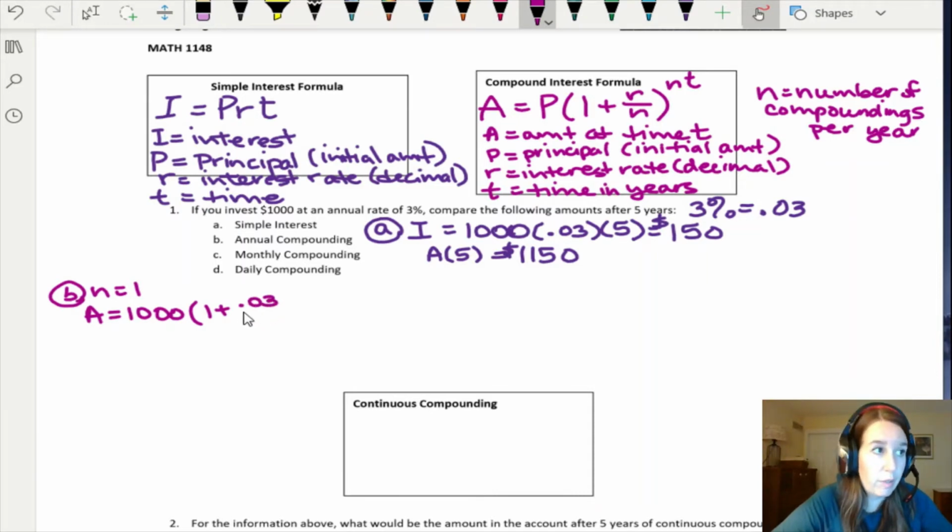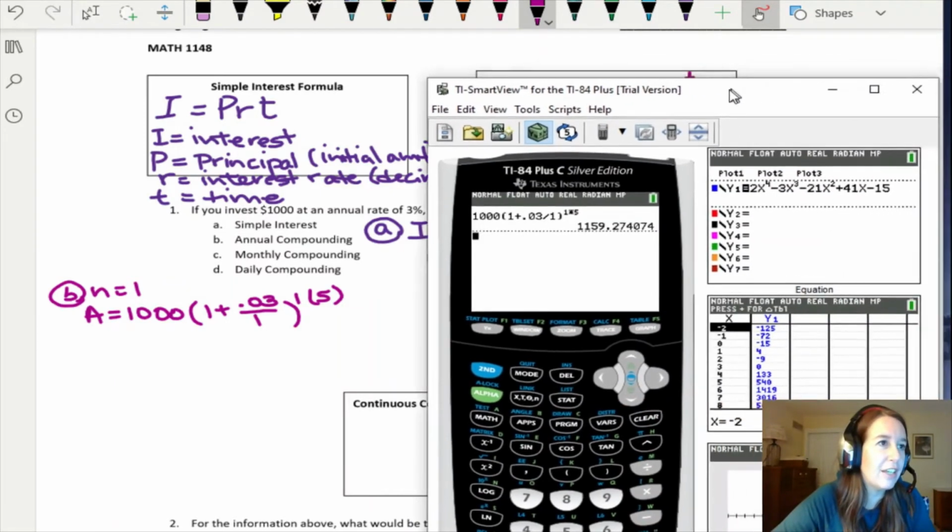That's the 3% that we did before, divided by n, which is 1, raised to the nt. So 1 times 5. Okay, and so notice that we're just solving for A and we have no other variables.